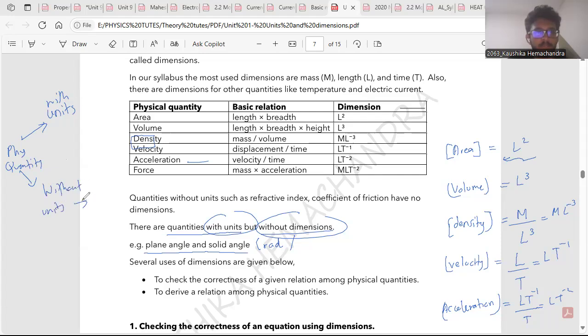If they don't have units, there are no dimensions, obviously. But if they are with units, most of them have dimensions, but there are some without dimensions as well. That is solid angle and plane angle. So that's a good classification. Plane angle is in radians.